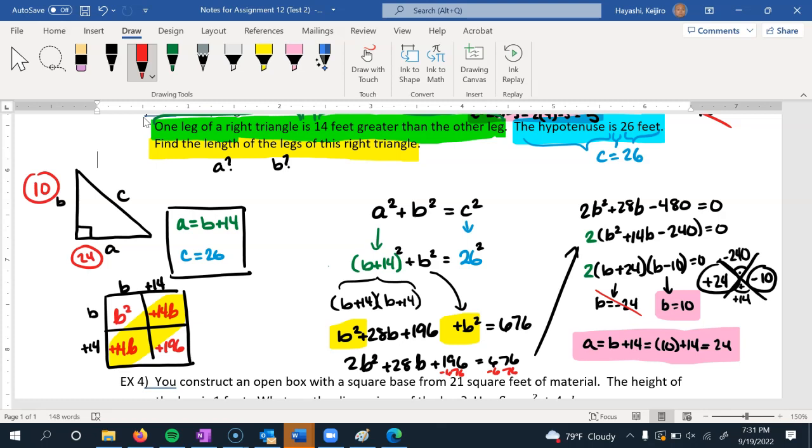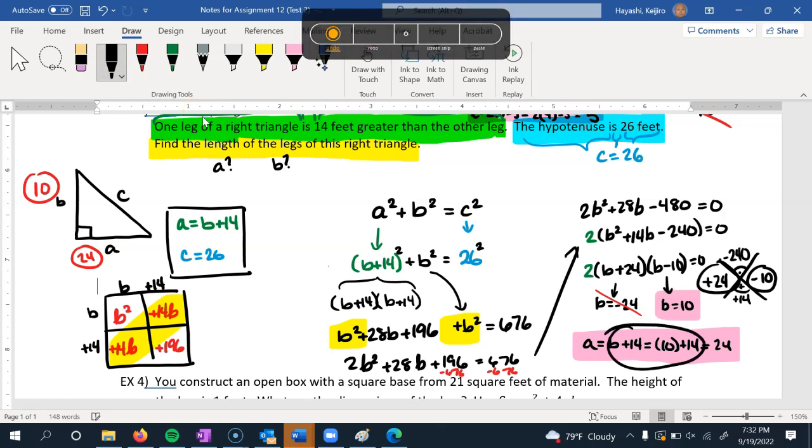You have to write the whole answer, a equals b plus 14, right? Since we already know that a equals b plus 14, can you just say, since you know that b equals 10, do you have to write these steps?